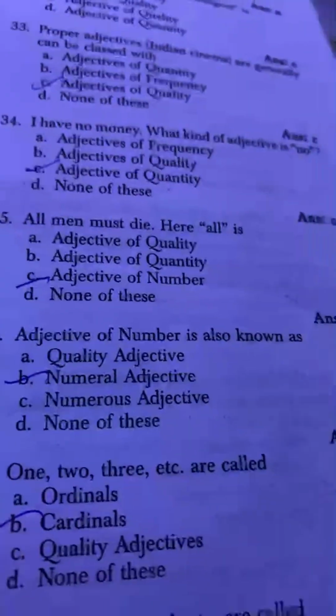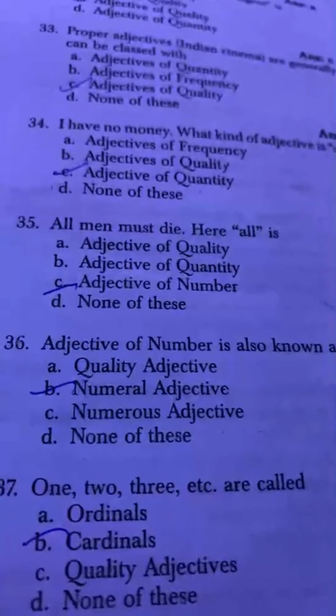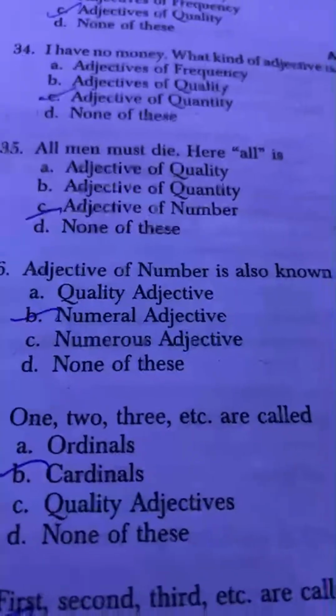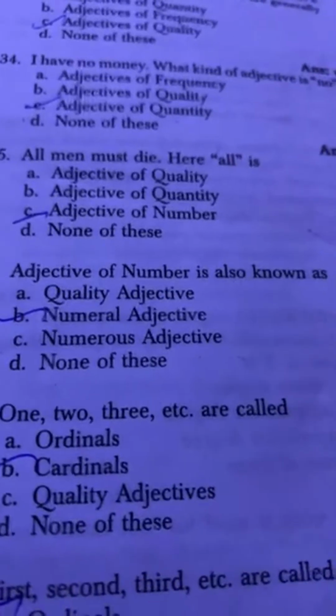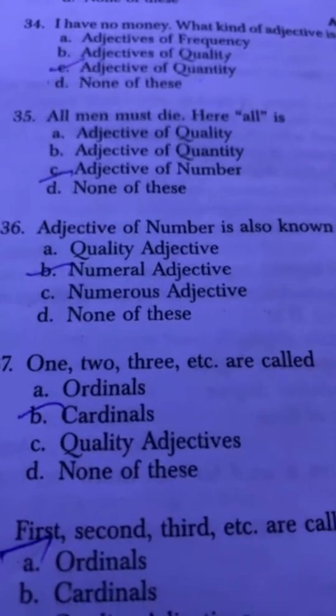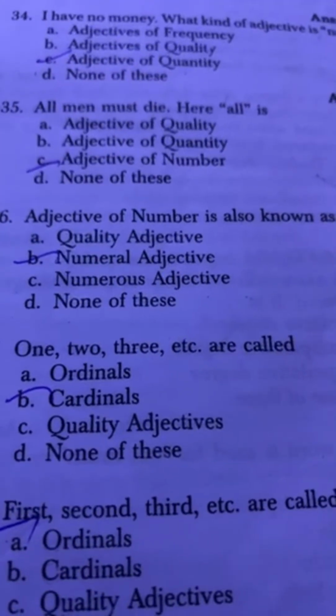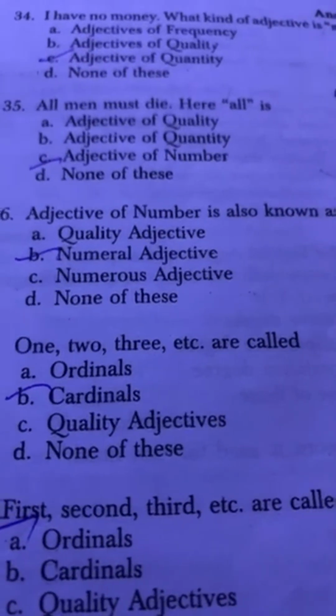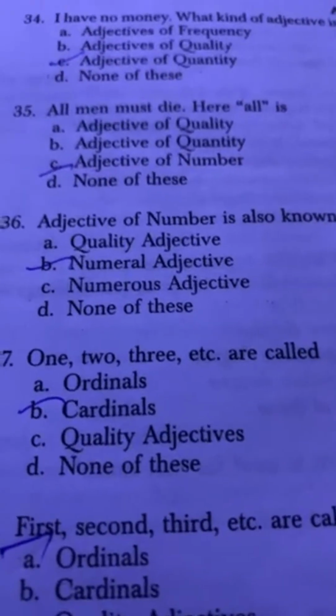Adjective of number is also known as numeral adjective. 1, 2, 3 are called cardinal. It's very confusing.